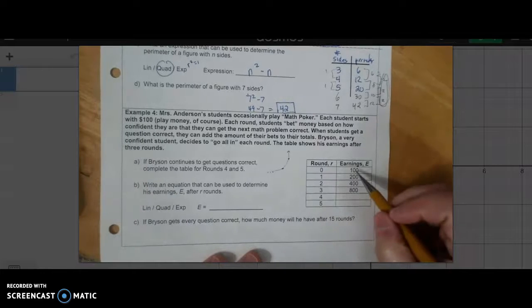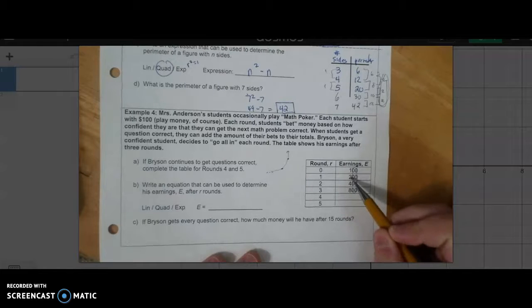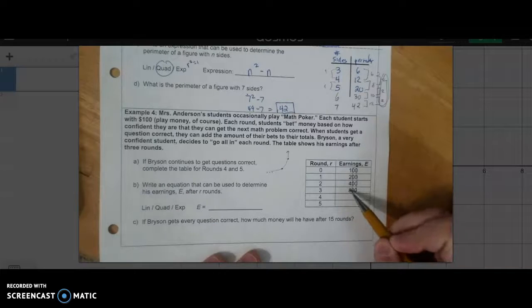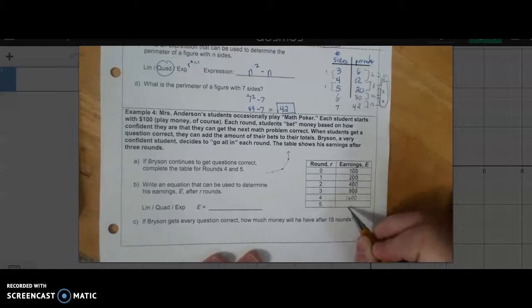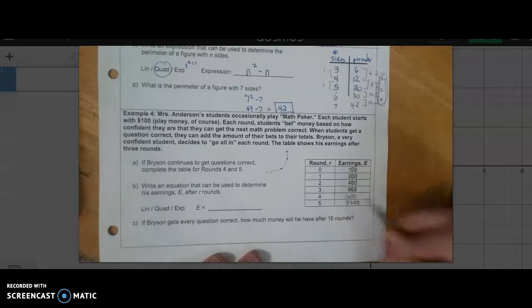So if I look at this and all of these are hundreds, and then I look at 1 to 2 and 2 to 4 and 4 to 8, I quickly realize that this is doubling. Every time it's doubling, so this would be 1600 and this would be 3200.